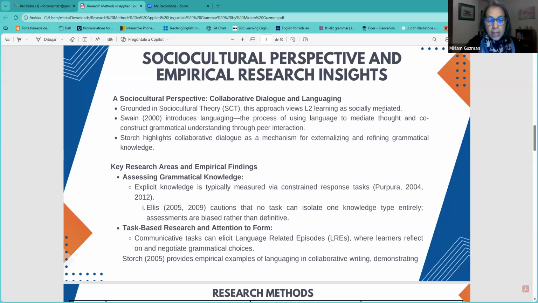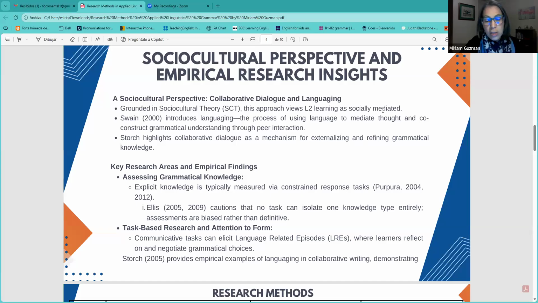There are some key research areas and empirical findings. We have assessing grammatical knowledge. Knowledge is typically measured by constrained response tasks, by Purpura 2004 and Ellis 2005. They caution that no task can isolate one knowledge type entirely; assessments are indicative rather than definitive. Then, task-based research and attention to form.